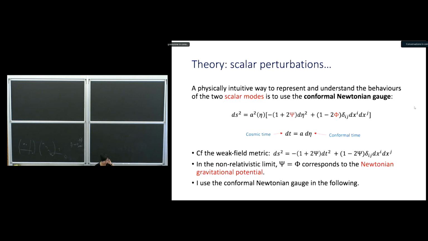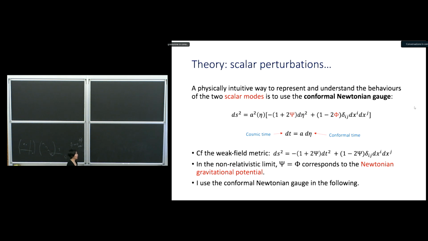So if I just keep the 2 scalar modes, then one way I can write the metric perturbations is in this manner. I have something that largely looks like FRW, but then there's also a perturbation part psi and a perturbation part phi over here. So these are meant to be small. And there's a name for this way of writing down the metric. It's called the conformal Newtonian gauge.